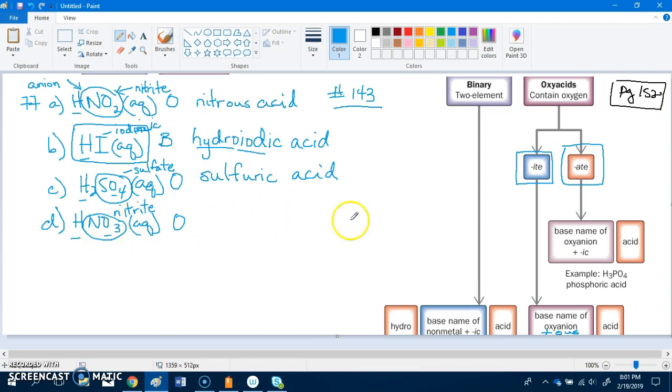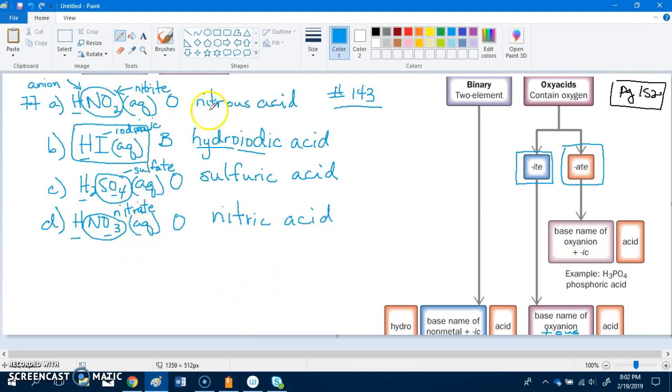For the last one, I actually named that incorrectly. One of them is nitrite and one is nitrate. That one should be nitrate, and because it's nitrate, it's nitric acid, following that name convention.